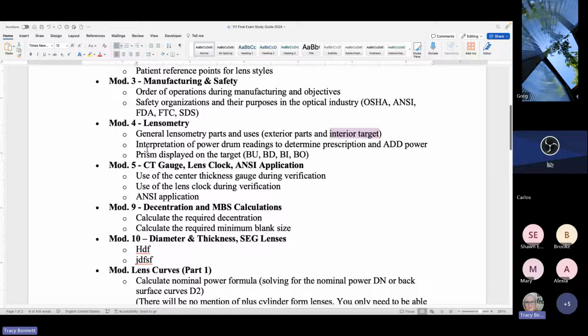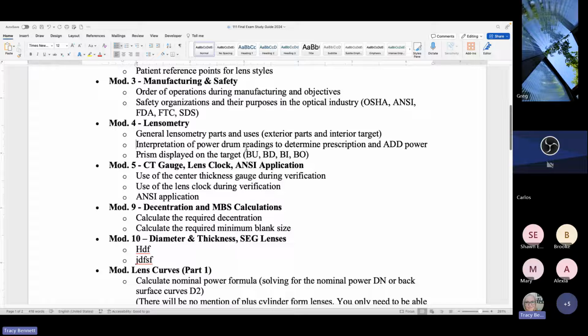So we're going to look at a little bit of that too. Interpreting the power drum reading is very similar. You're going to see a picture of the power drum, and then the first reading and the second reading. And remember, the first reading on the power drum is always the sphere.